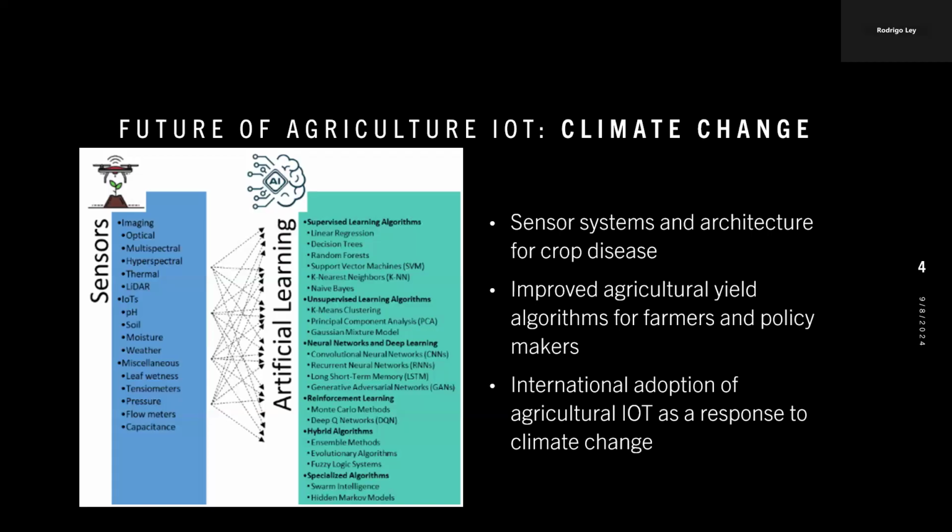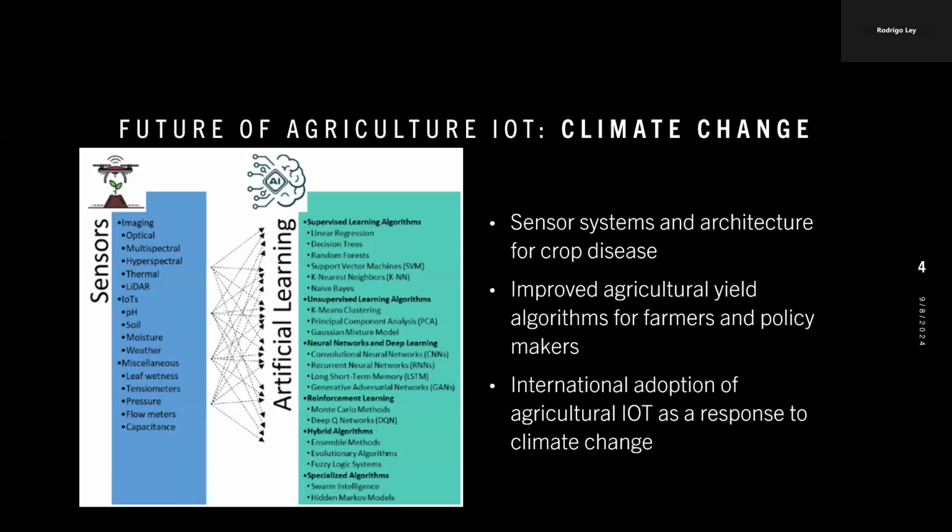Researchers, and not just researchers, practitioners too, have already proposed using IoT, sensors, and machine learning to help predict, prevent, and treat crop disease and pests. But researchers are also considering how complicated this will all be.